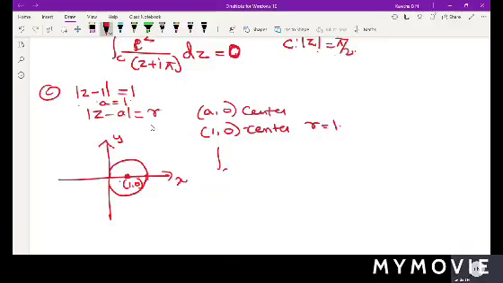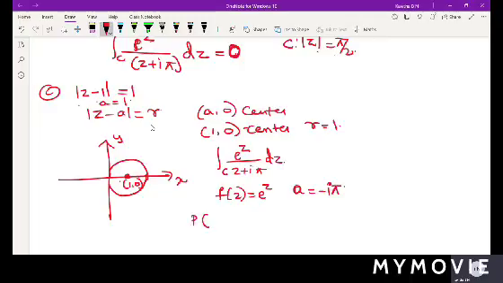Then in this problem, the integral over C of e to the power of z by z plus iπ, dz. Here f(z) is equal to e to the power of z, and here a is minus iπ.